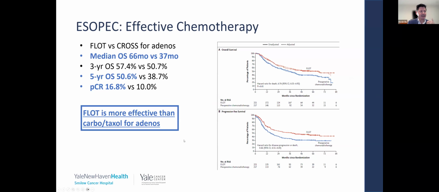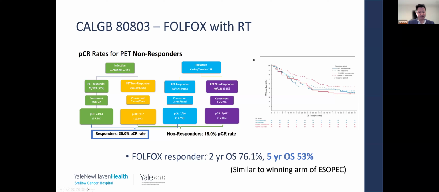But it kind of gives you a suggestion that maybe FOLFOX-based or 5-FU-based multi-agent chemotherapy is the way to go, with a favorable 5-year overall survival, and that the PathCR rate may be improved still, even in the setting of 5-FU-based chemotherapy, with a more favorable PathCR rate with the addition of radiation.